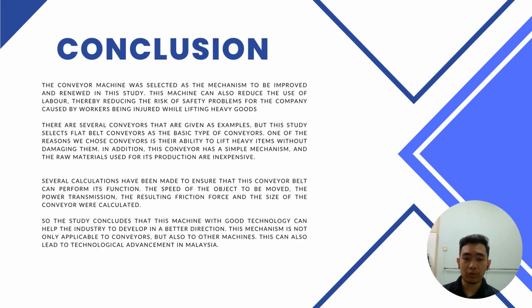So the study concluded that this machine with good technology can help the industry to develop in a better direction. This mechanism is not only applicable to conveyors but also to other machines. This can also lead to technological advancement in Malaysia.